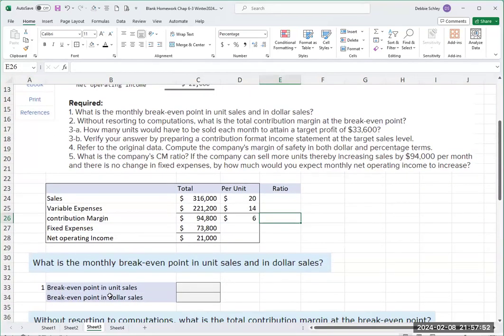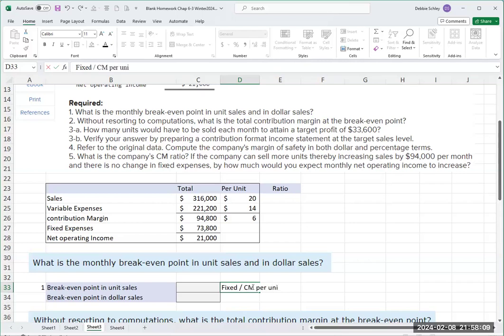Okay, so if you remember, break-even point in unit sales is going to be the fixed expenses divided by the contribution margin per unit. And the break-even point in dollars is going to be fixed expenses divided by the contribution margin ratio.